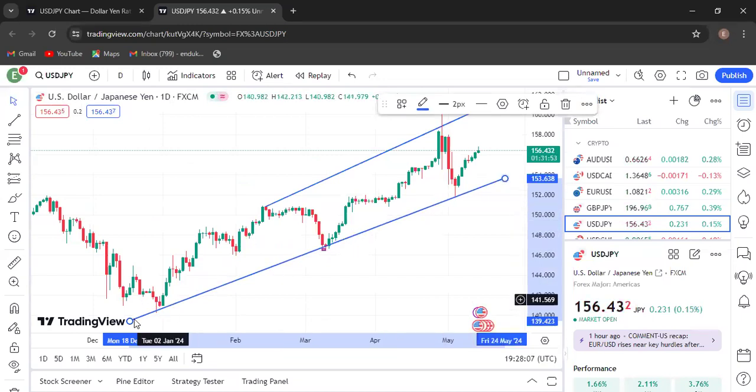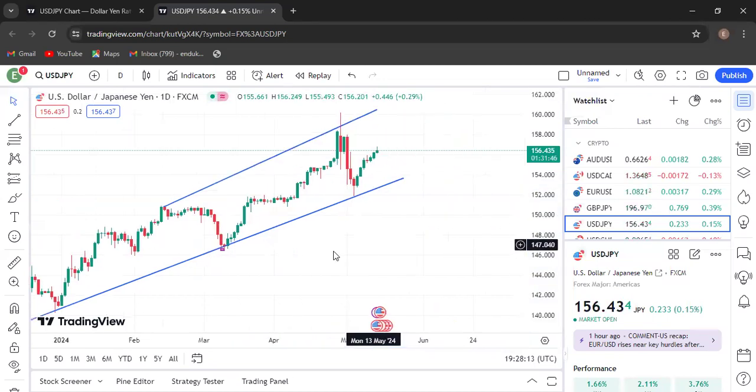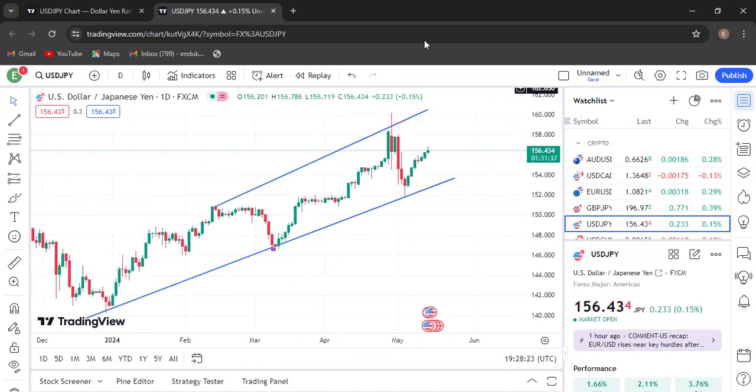So a first touch, second touch, a third touch, and I expect price to go up and come down, or it breaks through it, comes back to retest and goes up. So this is my trend line too. I used to call it diagonal support and resistance.